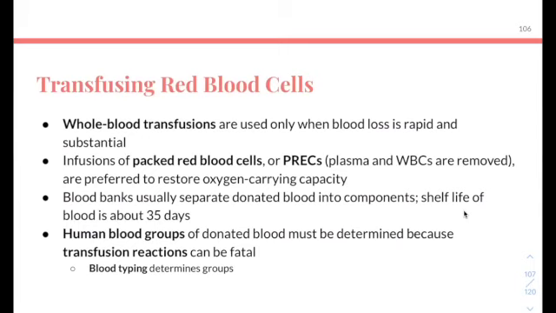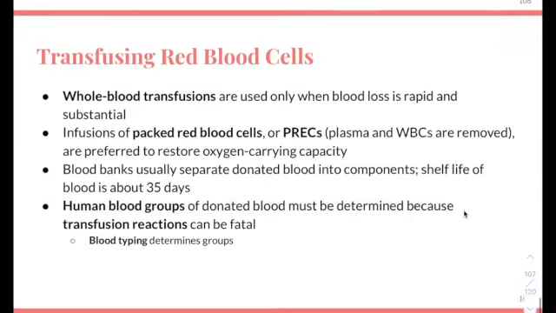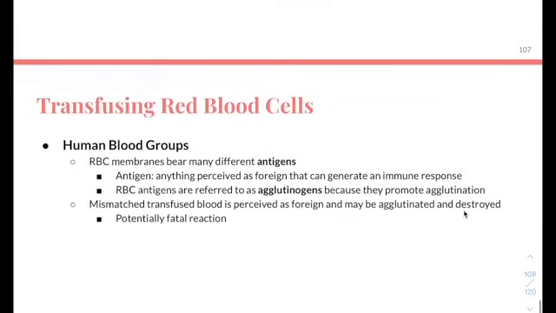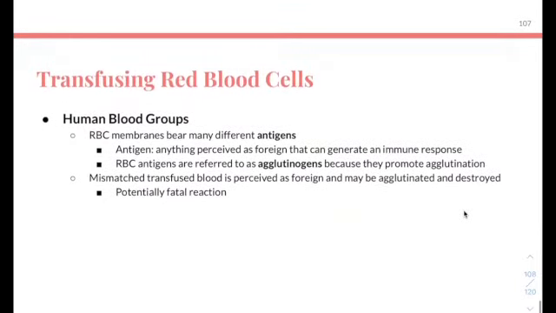Human blood groups of donated blood must be determined because different transfusion reactions can be fatal. So we looked into these blood types Tuesday, and our red blood cell membranes have different antigens on them. An antigen is anything perceived as foreign that can generate an immune response.